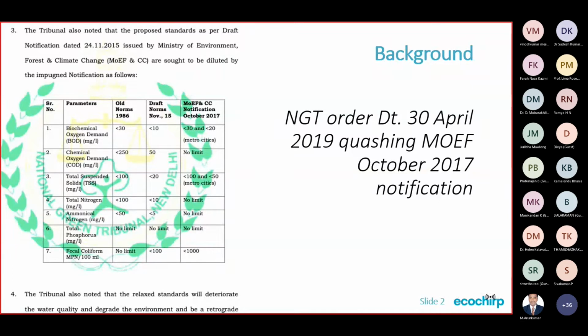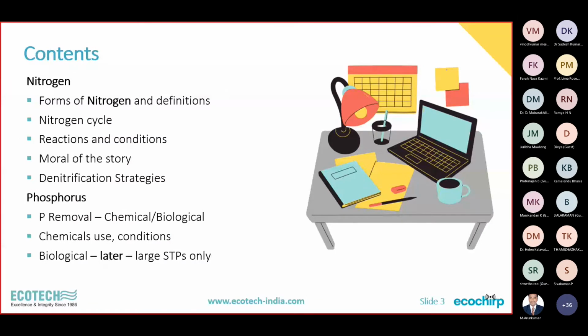So all our treatment plants in Maharashtra and Karnataka, we are going to do nitrogen control. In all new plants, we have already designed for denitrification. Similarly, even in Chennai, we will be shortly doing the denitrification for the Phoenix mall. So this is the background for nitrogen phosphorus control.